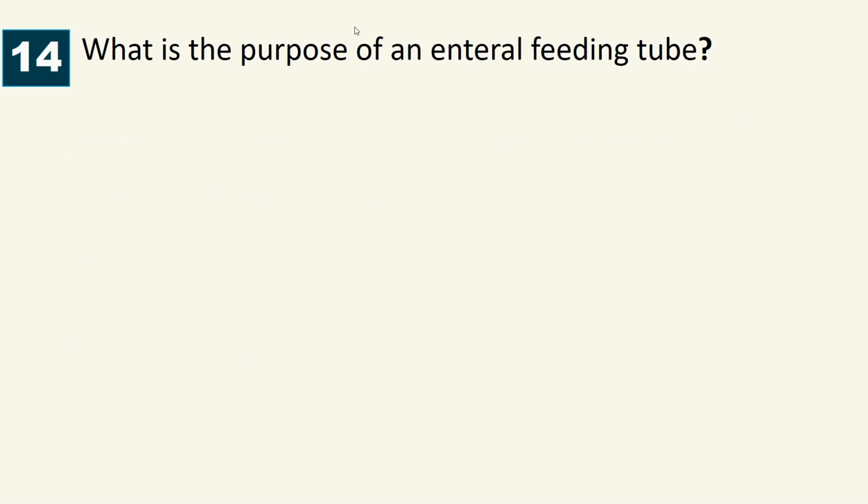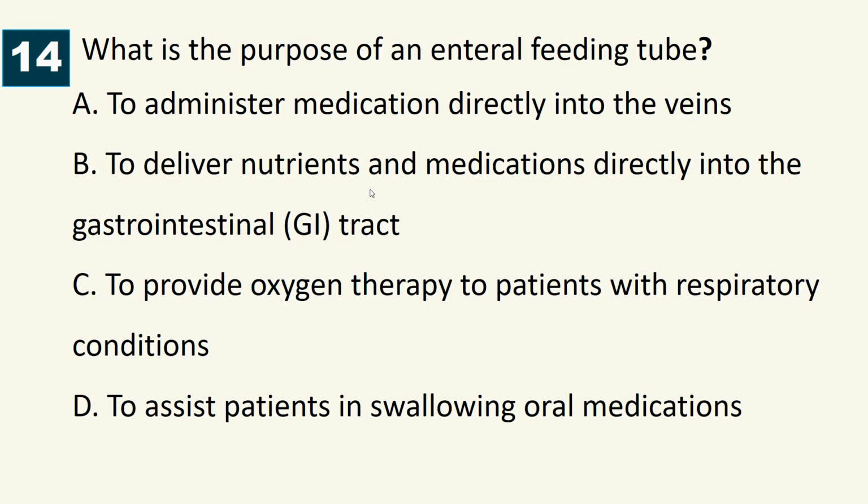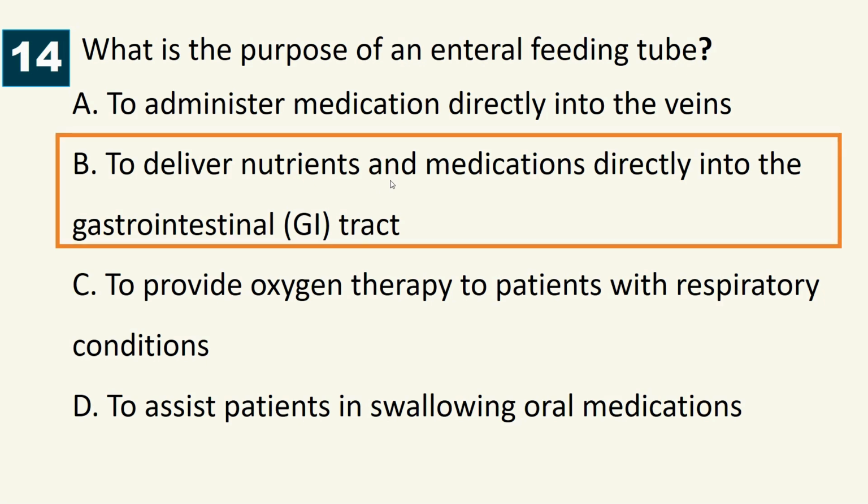What is the purpose of an enteral feeding tube? A, to administer medication directly into the veins. B, deliver nutrients and medication directly into the gastrointestinal tract. That's the correct statement.